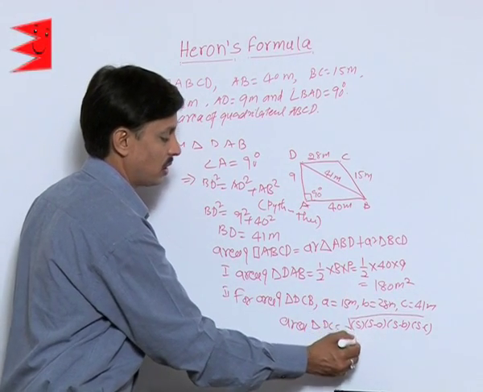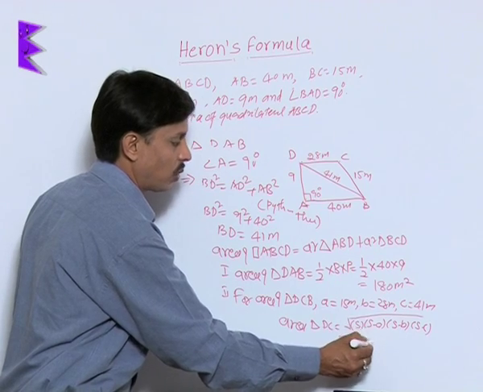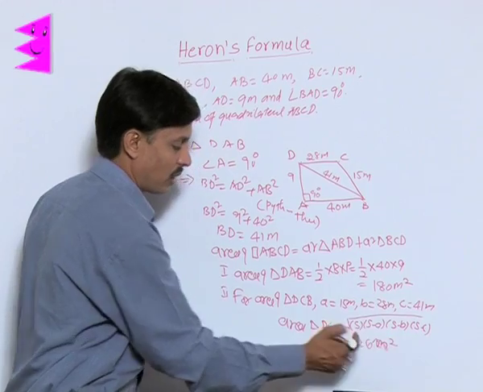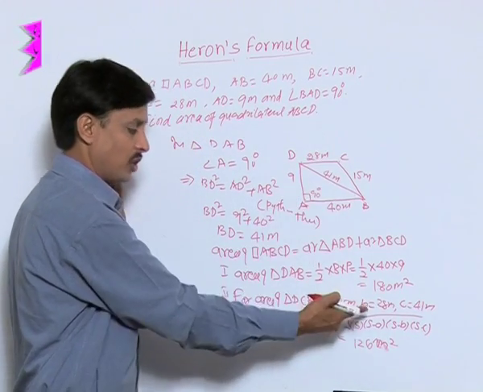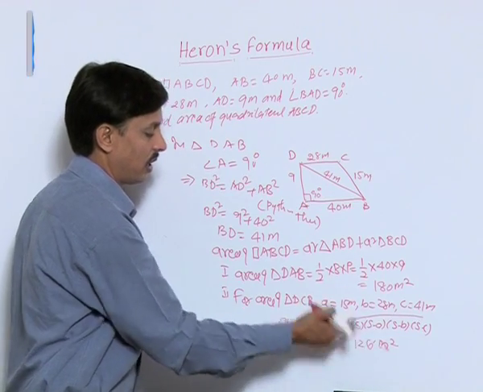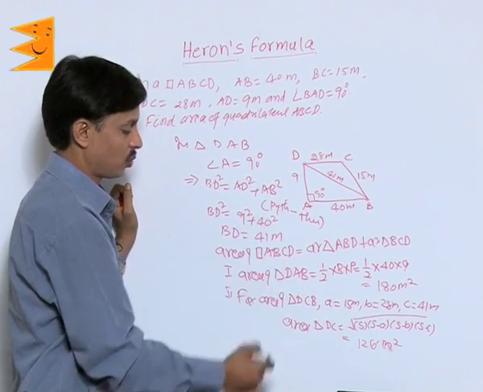You will notice this result will come out 126 meter square. Whenever you actually use these values I mentioned here, you will find the area of the triangle is 126 meter square.